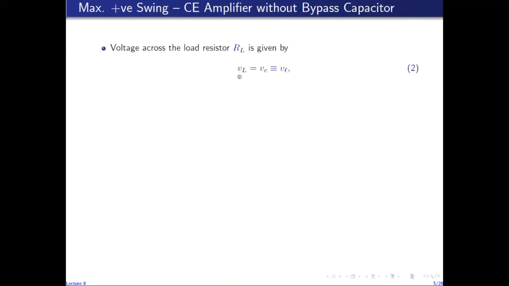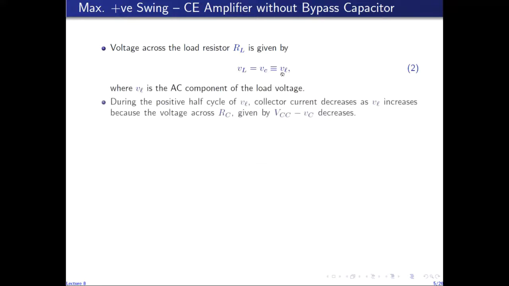Like I said, the total voltage across the load is just the AC component of the collector voltage, which I represent with V subscript small l. We notice that during the positive half cycle of VL, as VL swings in the positive direction, the collector current decreases, because VCC minus the total collector voltage is the voltage across RC.